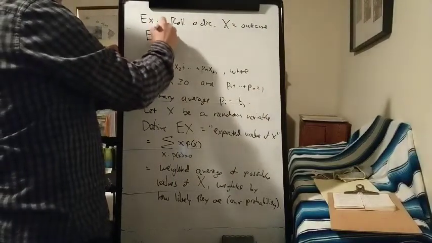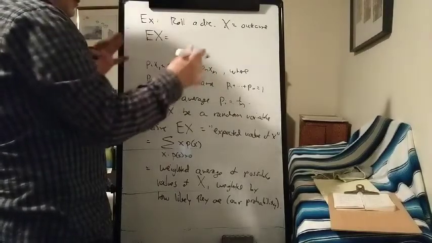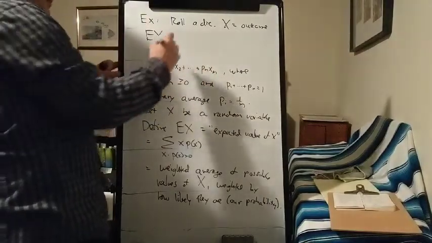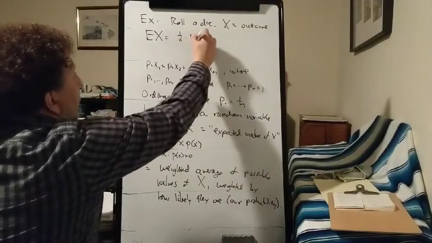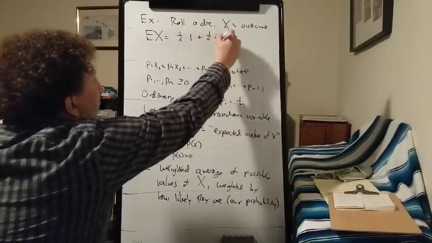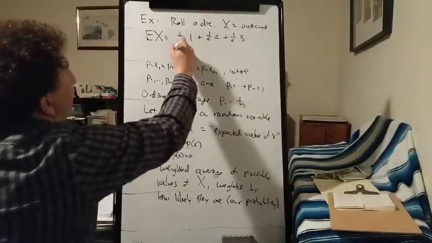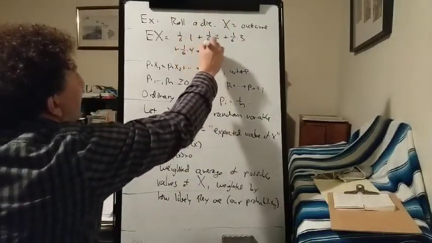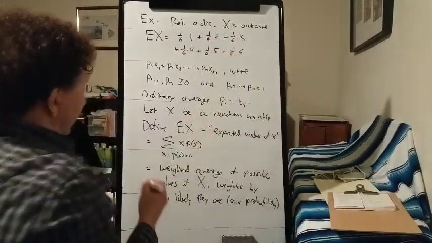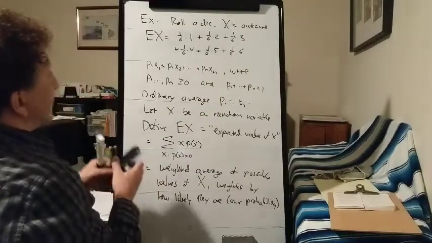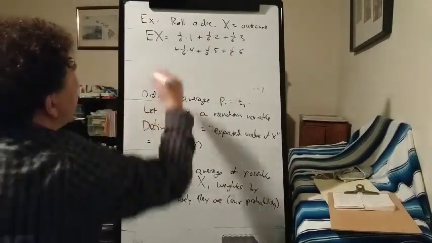The expected value of X is the sum of all of the possible different outcomes, each one weighted by its probability. So 1/6 times 1 plus 1/6 times 2 plus 1/6 times 3 plus 1/6 times 4 plus 1/6 times 5 plus 1/6 times 6. So basically that's the sum of the numbers 1 through 6 divided by 6.